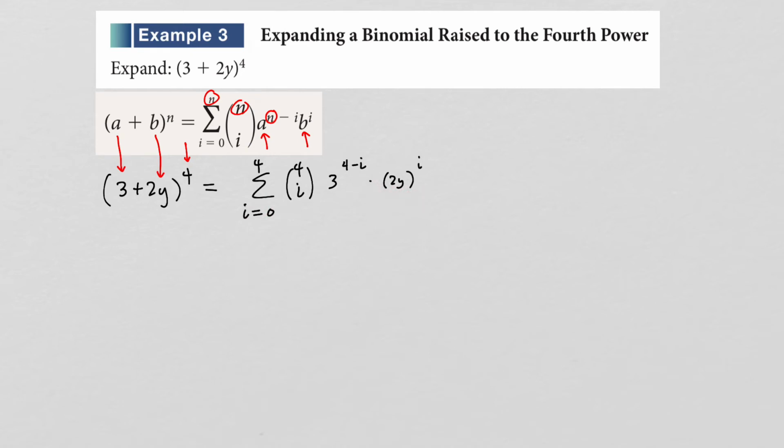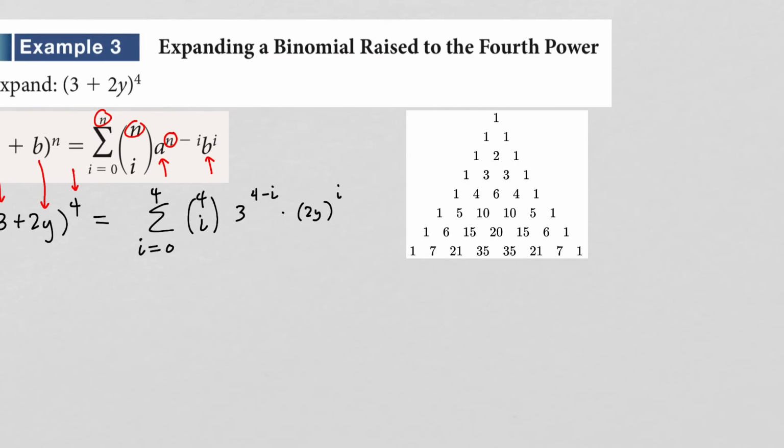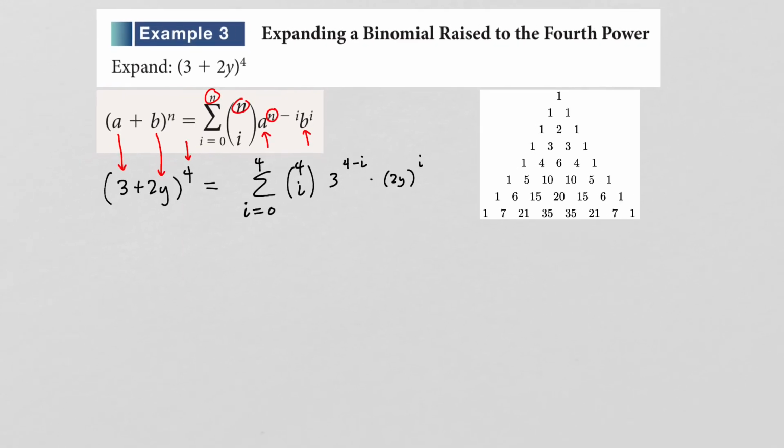But actually, I'm just going to use Pascal's triangle to get these coefficients right here. So here is Pascal's triangle, and since we are doing a fourth power, we're going to choose this row.